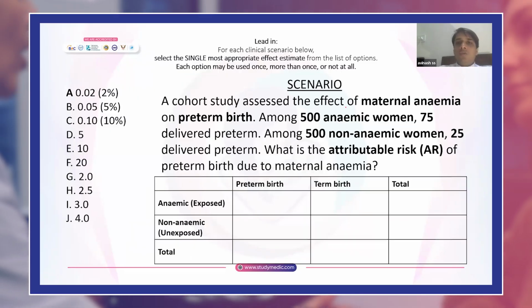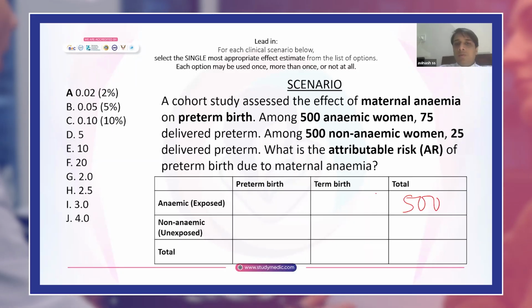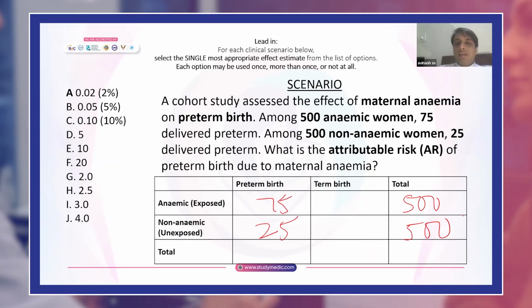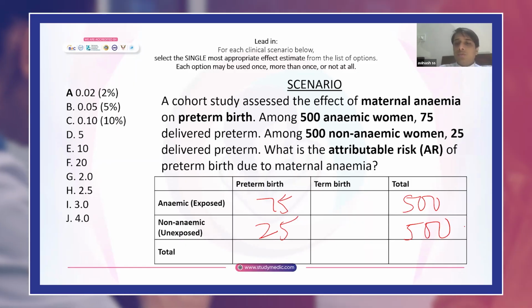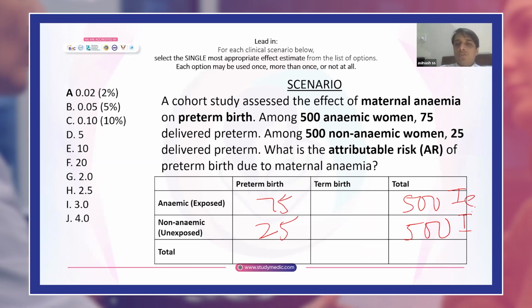Now similarly, a cohort study was done. There were 500 anemic women and 500 non-anemic women. 75 delivered preterm in anemic and only 25 delivered in non-anemic women. So they want to see attributable risk. Here the exposure is increasing the risk. So attributable risk is incidence of exposed minus incidence in unexposed.